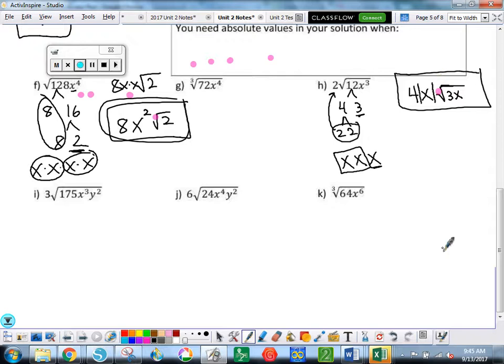So I'm going to add an absolute value around the x on that problem so that I ensure that it's positive. And is that the finished problem? That is now the final answer. Now, if you don't understand on the first try, I get it. We're going to try a bunch more until you do. But something to note, if we're going to start writing our rule, we only care about absolute values if there is an even index.